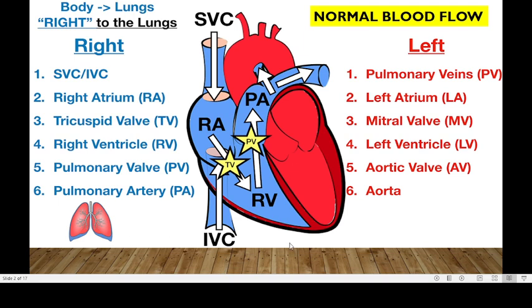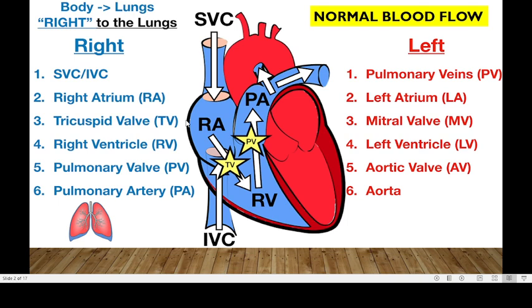So how does blood circulation in the heart normally happen? Of course, we all understand that the heart is a muscular organ responsible for pumping blood throughout your body. Blood circulation in the heart follows a precise pathway that starts with the right atrium.